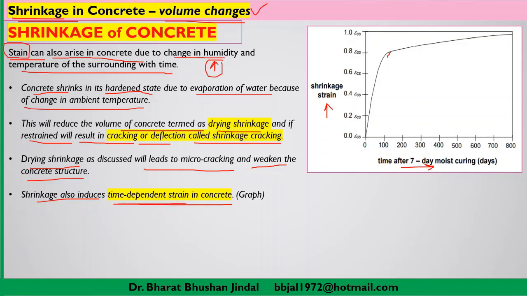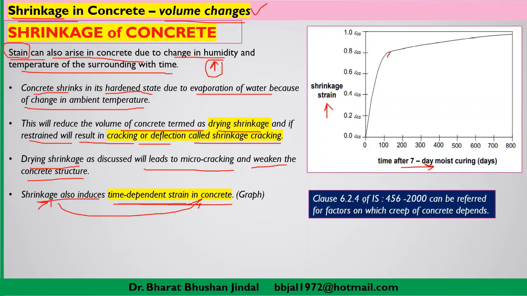That means the strain due to shrinkage also depends on the time, which we can see here, and after a particular duration you may find that the curve is getting almost flattened. Now here you can take the help of IS 456 and clause number 6.2.4.